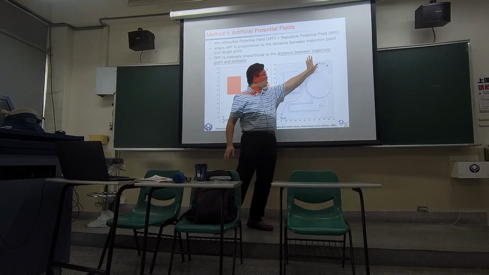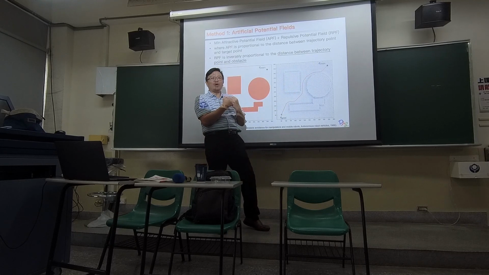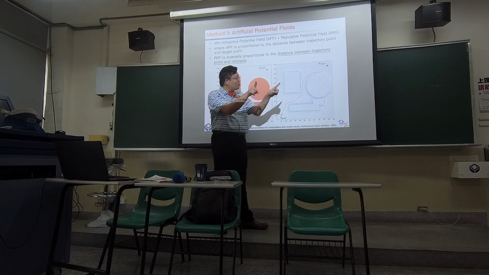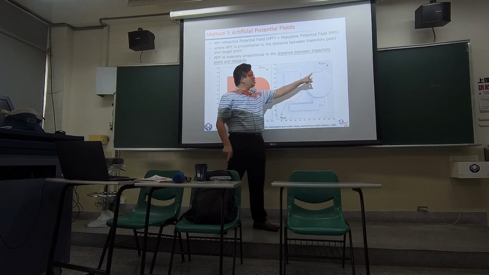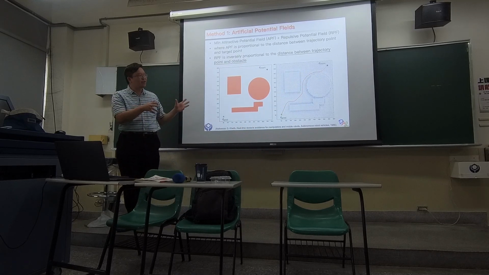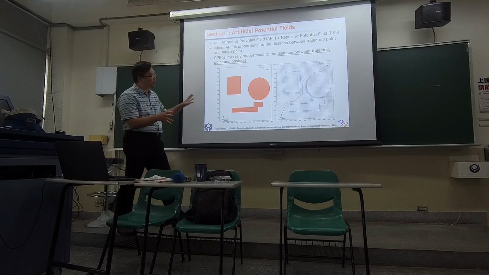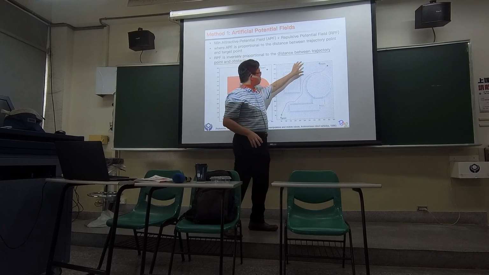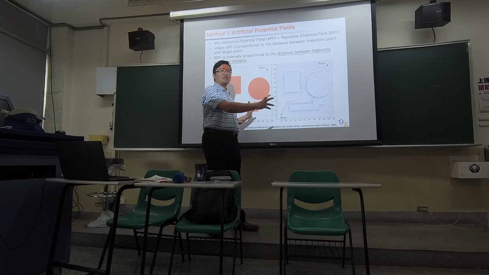This pushes you away, the target pull you in. With the combination of all those magnetic fields, it determines where to make the turns. Okay? The issue of this method is that think about all these possible positions in the design space.